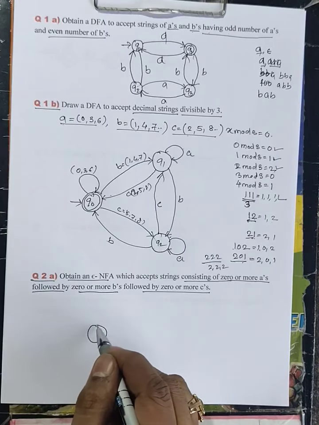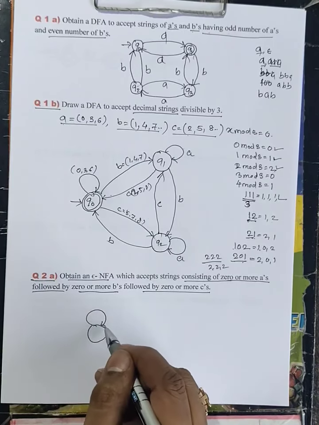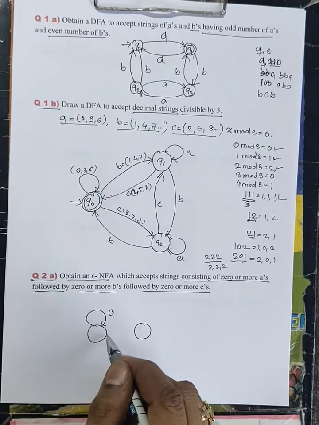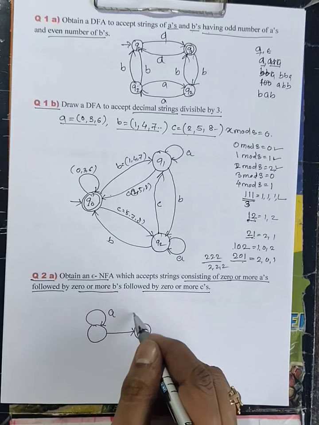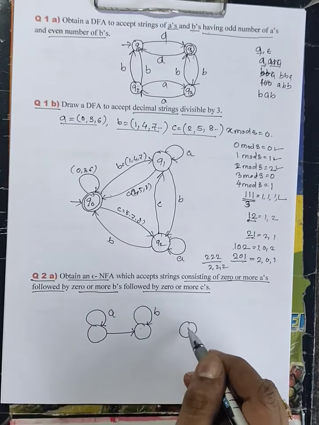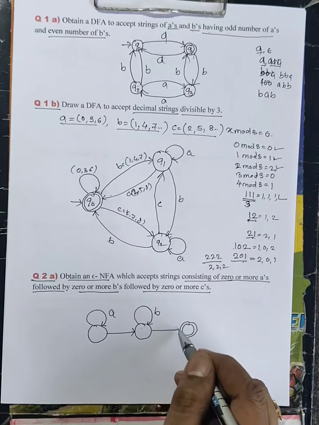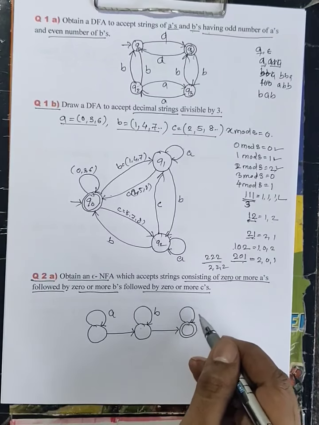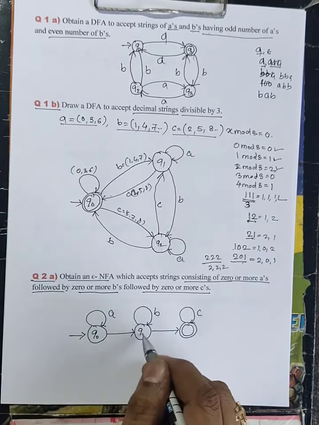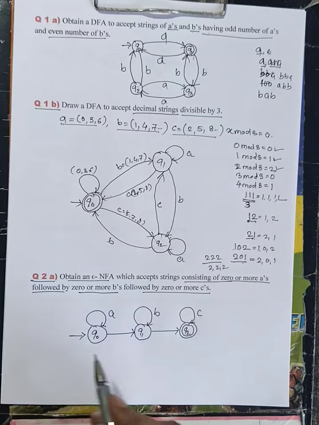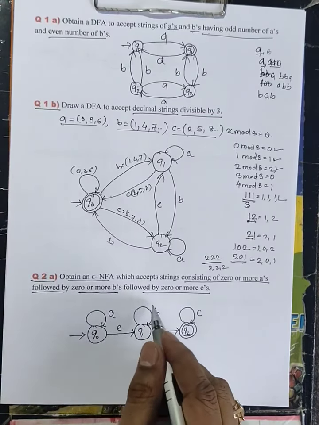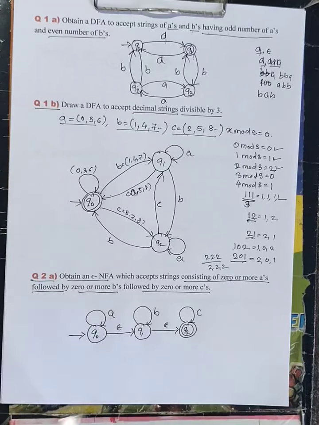0 or more A's means here a self loop. 0 or more A's followed by 0 or more B's, followed by 0 or more C's.